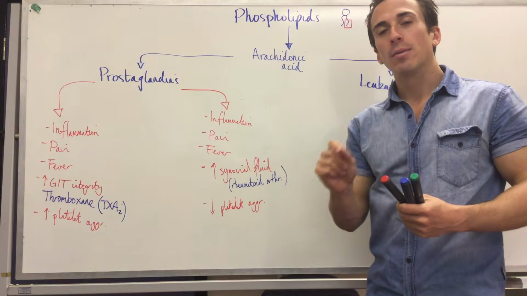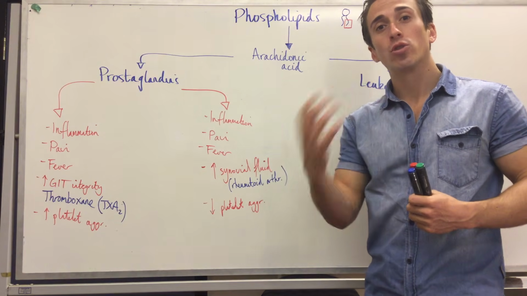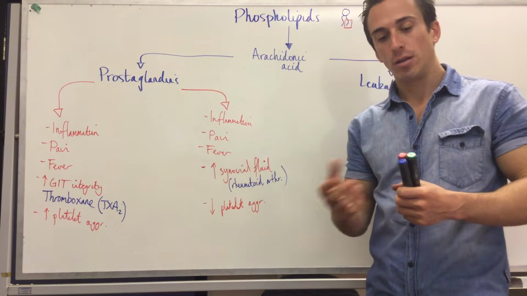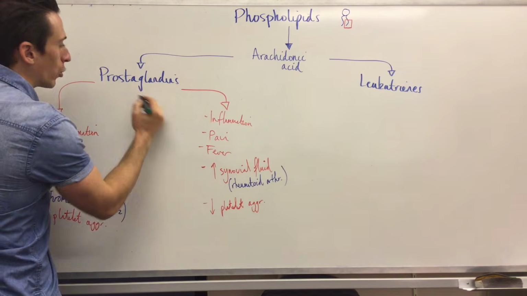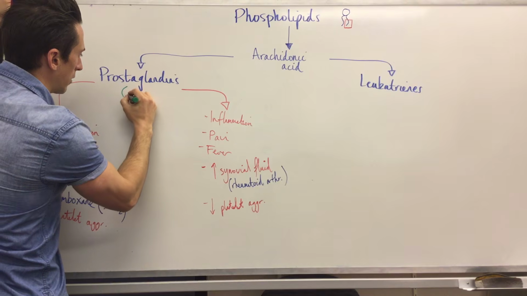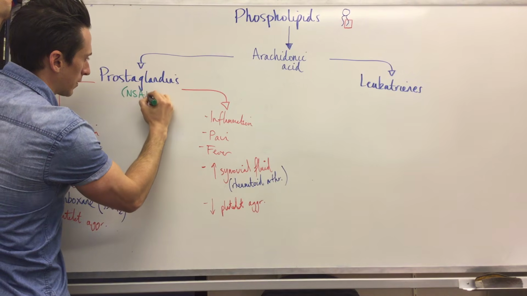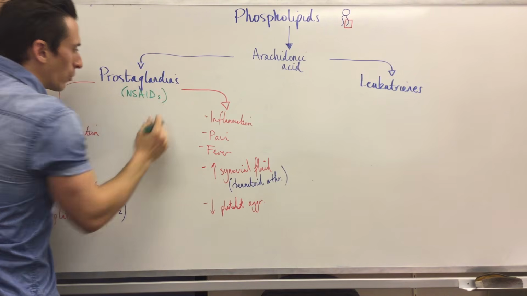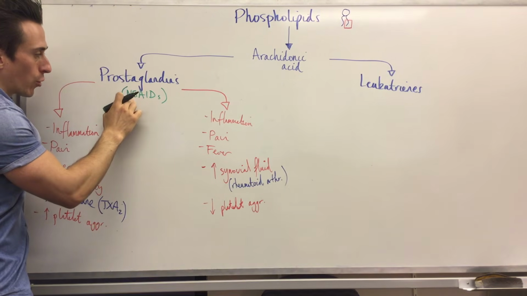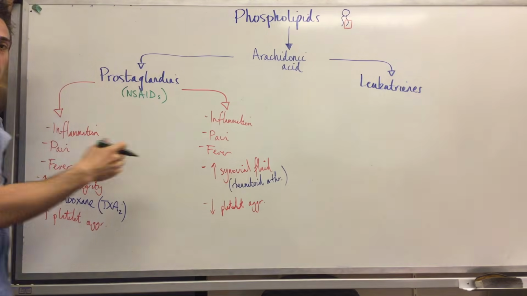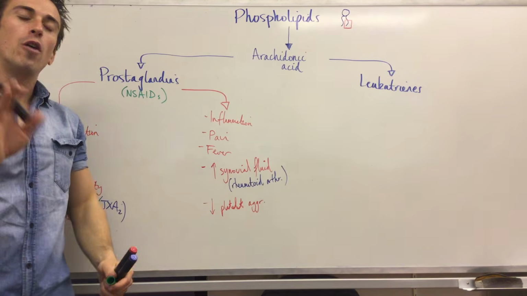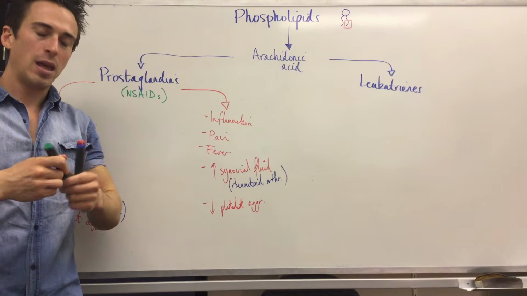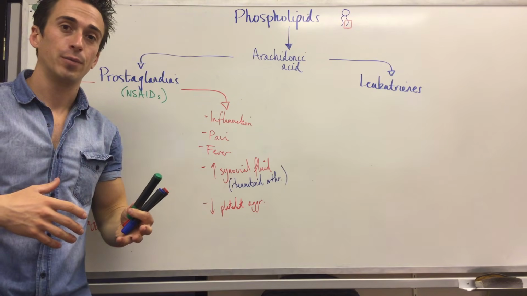Okay? Now, some of these drugs are called the non-steroidal anti-inflammatory drugs. So let's write that up. These drugs, which we call NSAIDs, so let's just write NSAIDs, which, like I said, are the non-steroidal anti-inflammatory drugs. They're non-steroidal, okay? So steroidal drugs often have their effect as signaling molecules, okay?